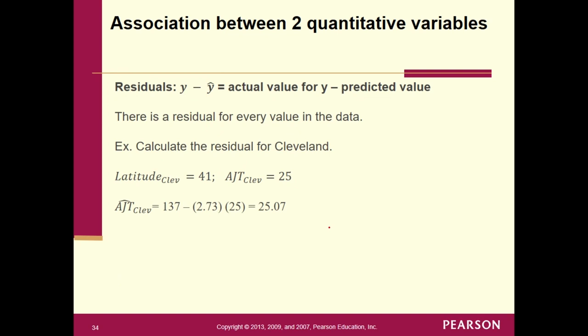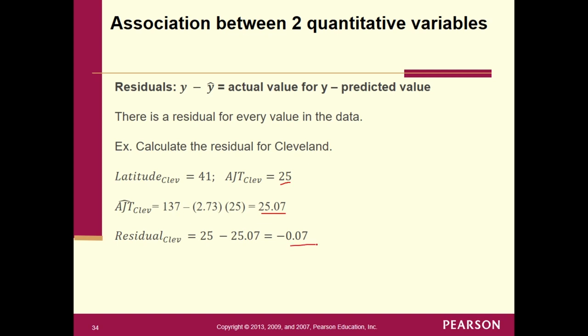I think if you put that in the equation, you get 25.07. So the residual for Cleveland would be the y of 25 minus the predicted value of 25.07, and we would get a residual of negative 0.07.